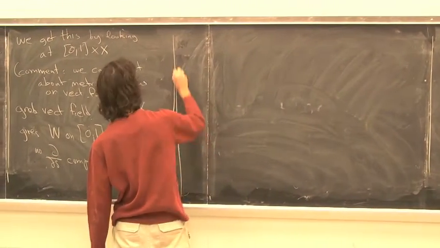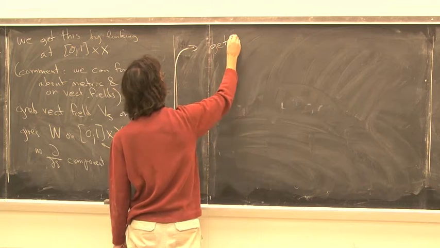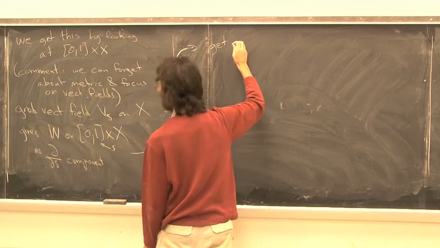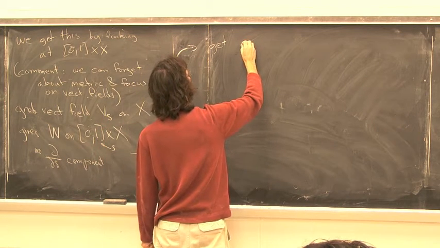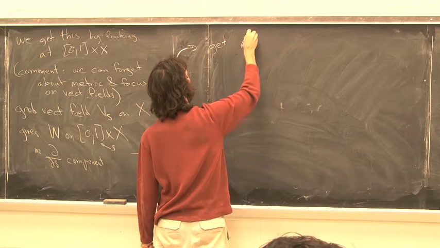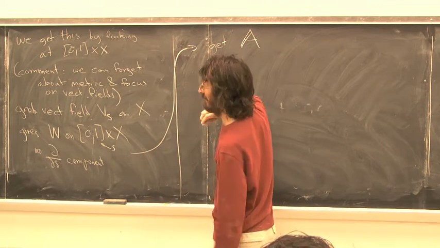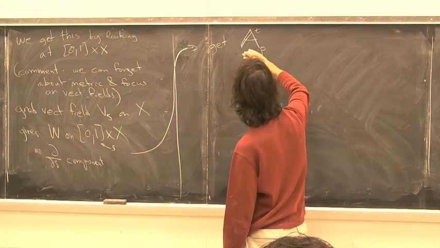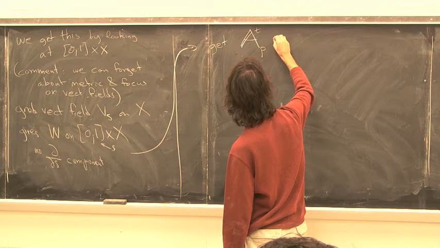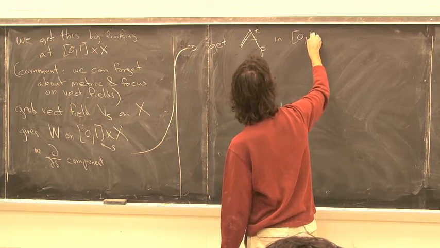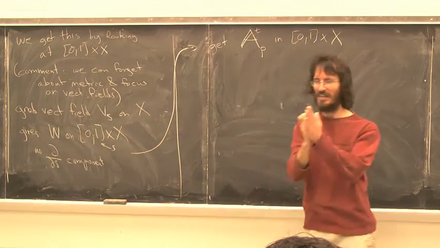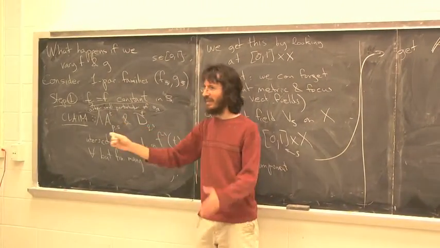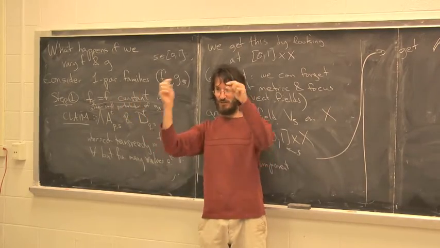So you get out of all of this, let's use blackboard bold A, P, T, in 0, 1 cross X. And understand what I'm doing, I'm just taking these A sub P sub S's, and then I'm just extending them by the critical point staying fixed.